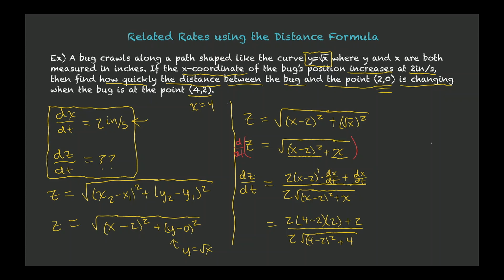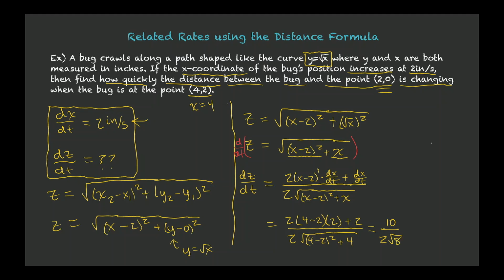Alright, so this is all just arithmetic, and we can calculate all these numbers. On the top, if we multiply and add all those numbers, we're going to get 10. On the bottom, we're going to get 2. And then underneath the square root, if you did all that simplification, we get 4 minus 2 is 2 squared, plus another 4, so the square root of 8.